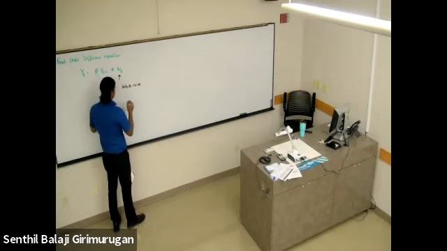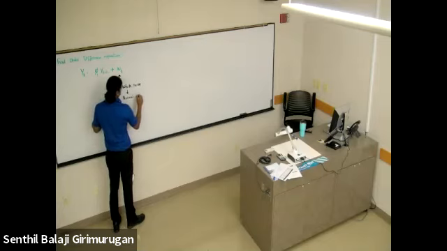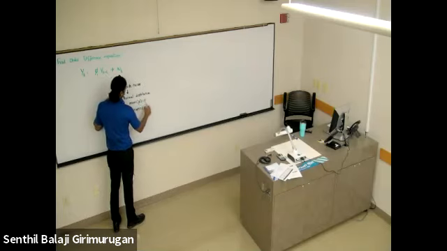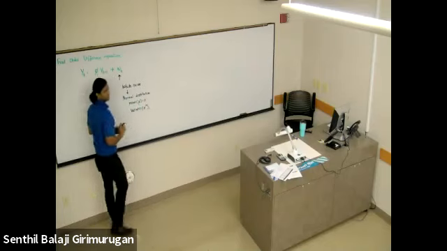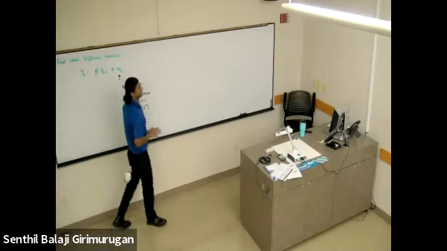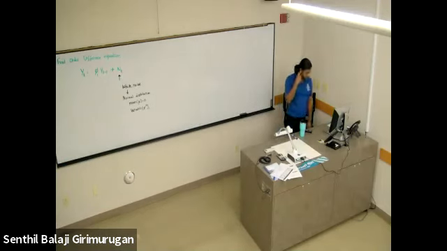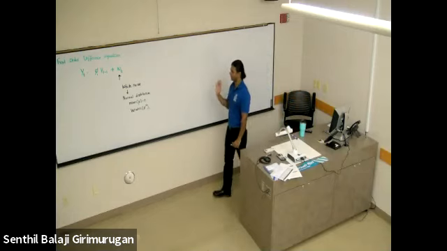White noise simply means normal distribution, mean mu is equal to 0, and the variance is sigma squared. It doesn't have to be 1 necessarily in this class. It could be 1, it could be 0.5, it could be anything.